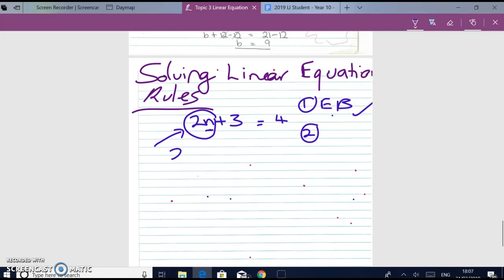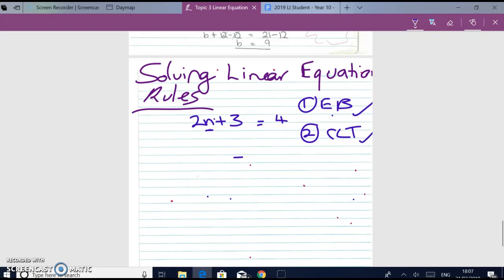So you wouldn't ever want to have 2n plus 3 equals 4 plus 4n and try and solve that. Before you do that, you have to get this one and that one together. Alright? So if we go back to our example, 2n plus 3, well there's no other n's around the place, so we have collected like terms, so we're good.